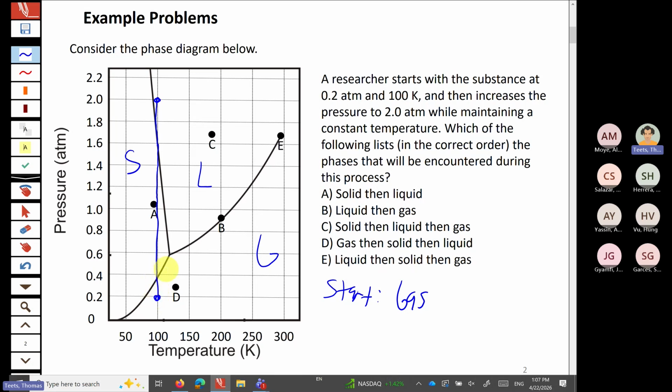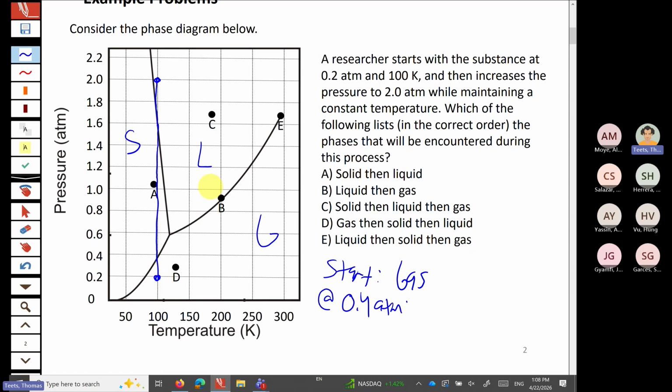As we get here to about 0.4 atmospheres, as we raise the pressure, we cross this line here, which takes us from gas to solid, sort of the reverse of sublimation. So we encounter the solid phase once we get to 0.4 atmospheres there. We remain in the solid region, and then right around 1.6 atmospheres there. So there and there are the phase changes marked with X's.